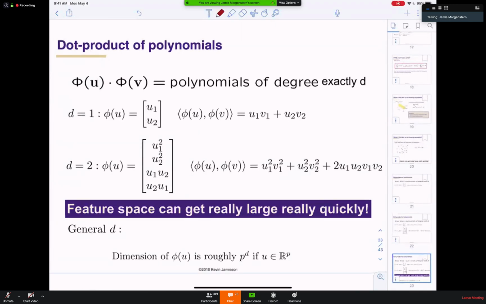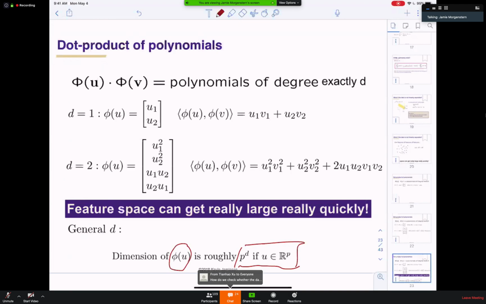But if we think about lifting our data into degree D polynomials of our original representation, the dimension of our lifted data will grow exponentially in D. And that can be pretty problematic.